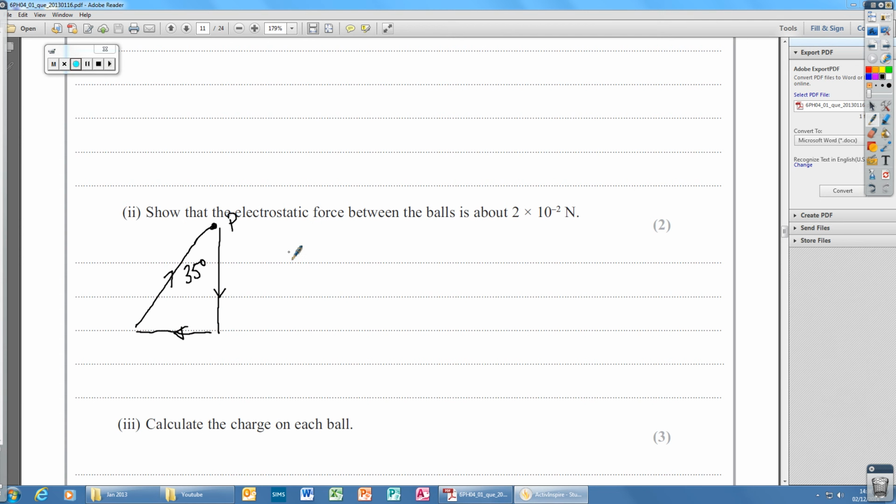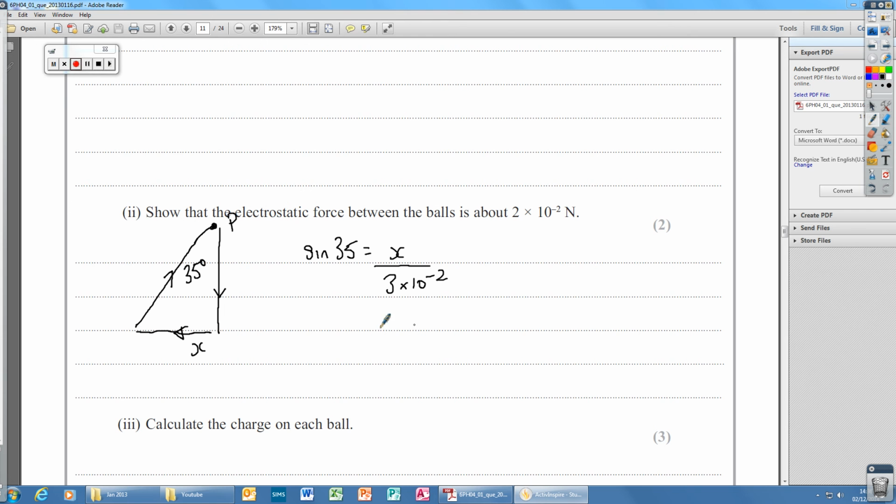One way of doing that: we know the hypotenuse, we just worked it out at 3 times 10 to the minus 2 newtons. We could just use sine theta, so sine of 35 equals the opposite, if we call that x, over the hypotenuse, and let's just use the value that they've given, 3 times 10 to the minus 2.